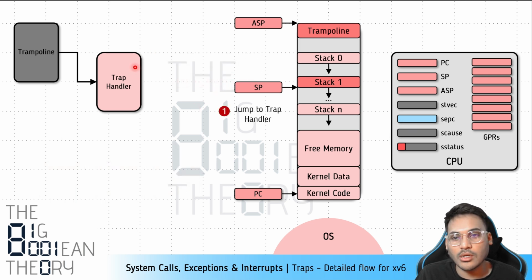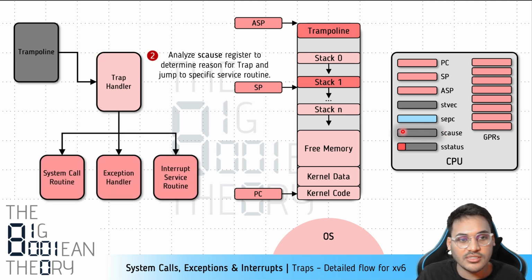Before this step, this was the state of affairs. Now what will happen in the trap handler is that it will examine this register. This is the cause register where, if you remember, the CPU will put an appropriate number. That number helps the kernel understand the reason for the trap. Depending on the reason, an appropriate routine has to be executed.